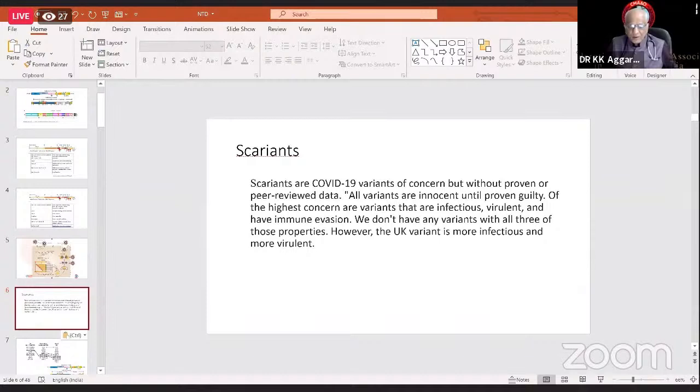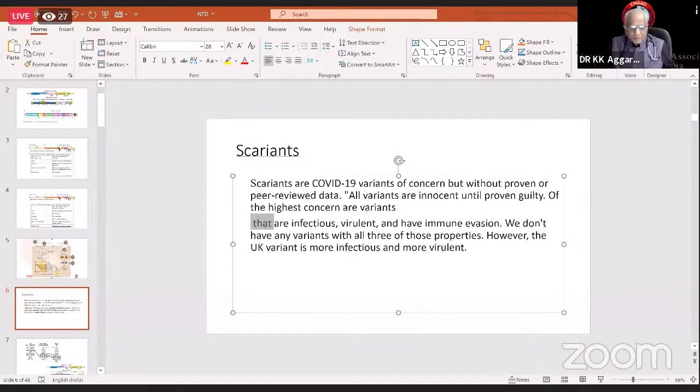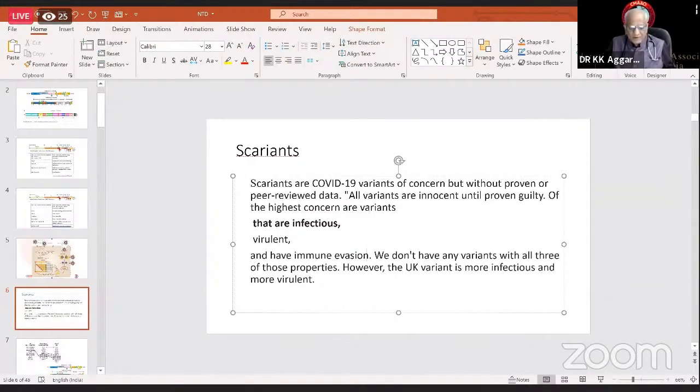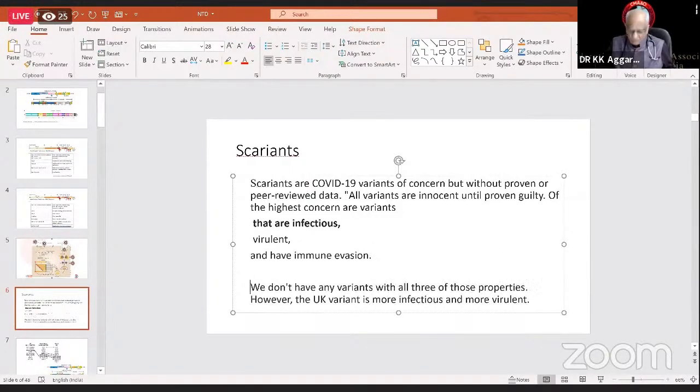For it to be important, it should be infectious, it should be virulent, and have immune evasion. So three things are required. A new variation should be infectious, virulent, and have immune evasion.